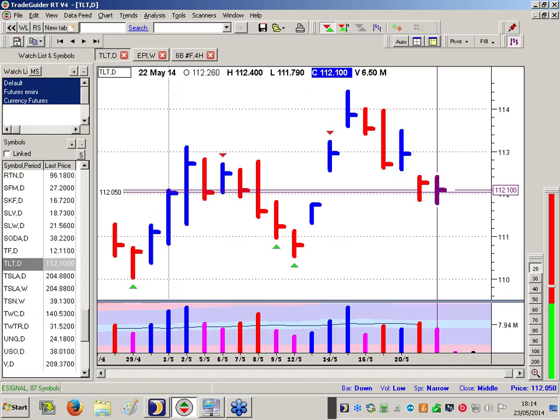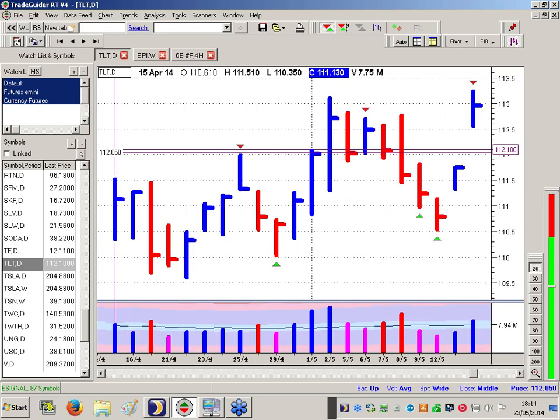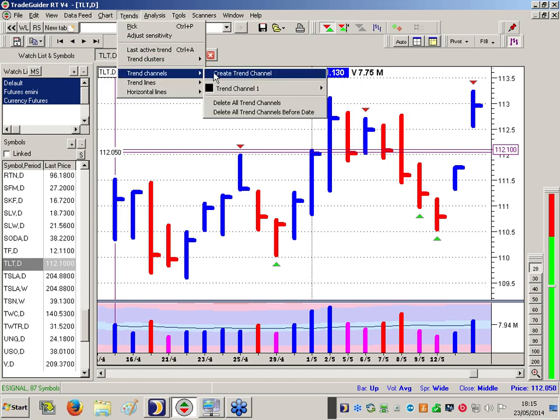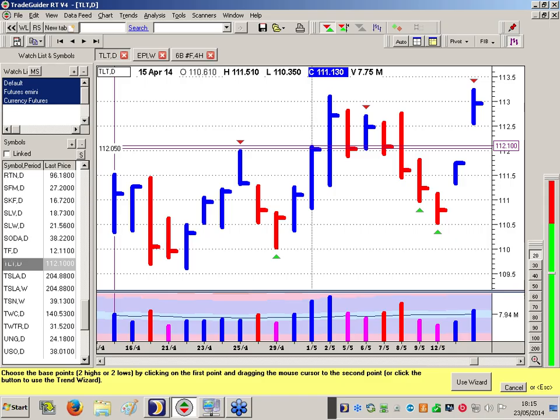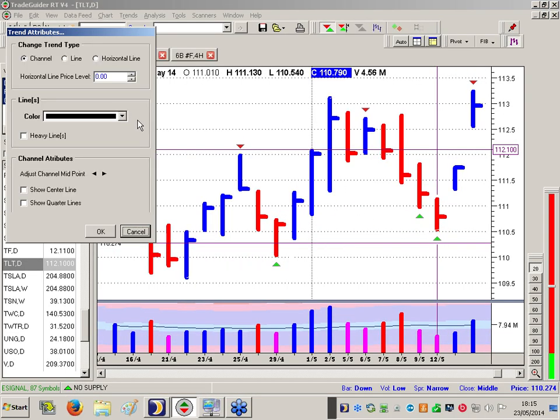You could possibly, Peter, draw a trend line through these two lows. Yeah, make sure it's a down bar. And this one. That's right. And yeah, that'll do.